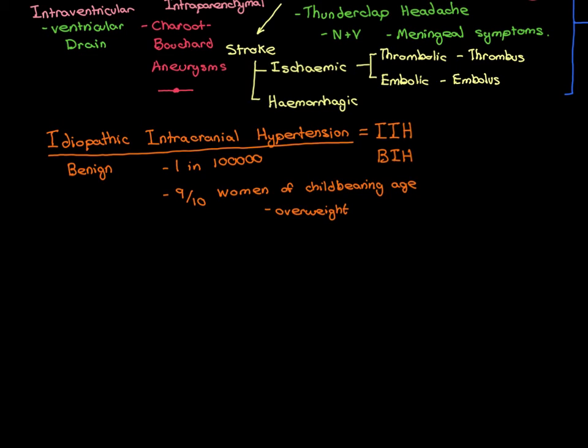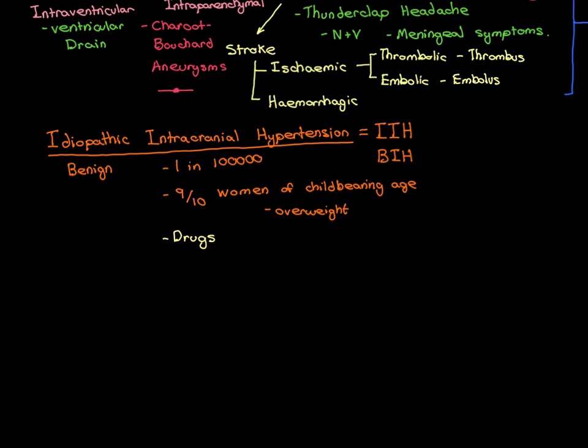I can only tell you these very basic facts, that it occurs in 1 in 100,000 people, that you get intracranial hypertension with no apparent cause, and that generally the people who get it are women of childbearing age who are overweight. However, there is an important fact to know about here, that certain drugs are acknowledged to be able to cause idiopathic intracranial hypertension.